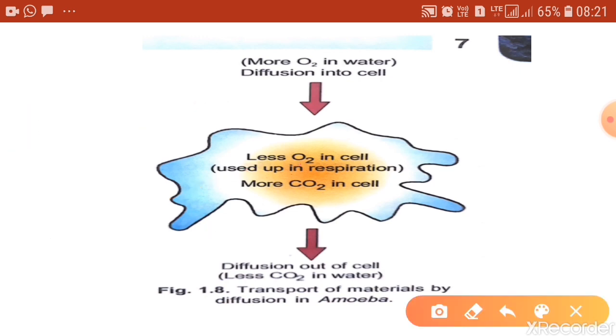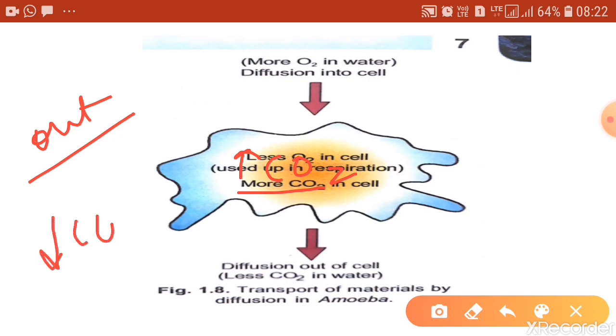As a result, the concentration of carbon dioxide inside the cell will always be high when compared to outside, because glucose is being continuously broken down and carbon dioxide is being produced. So when the concentration of carbon dioxide is compared from inside the cell to outside, you find that it is quite high inside the cell when compared to that of outside.